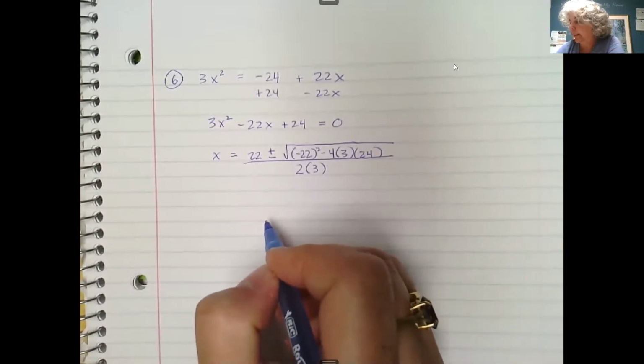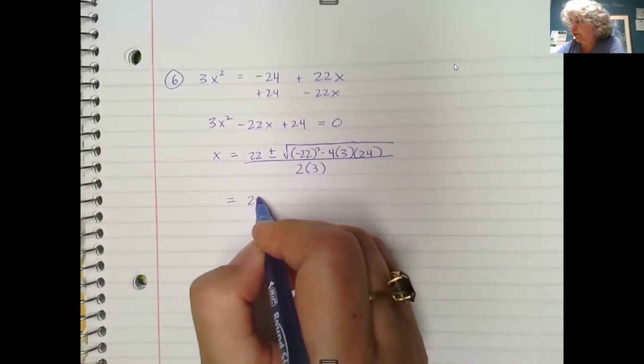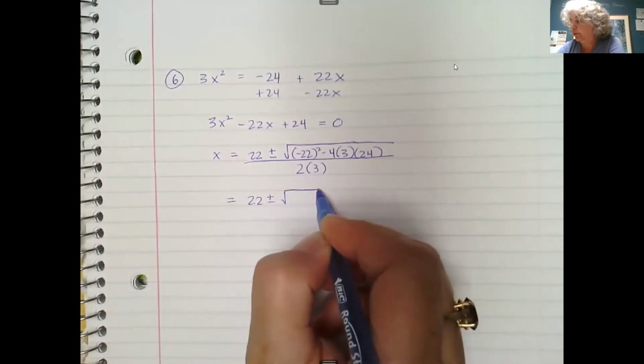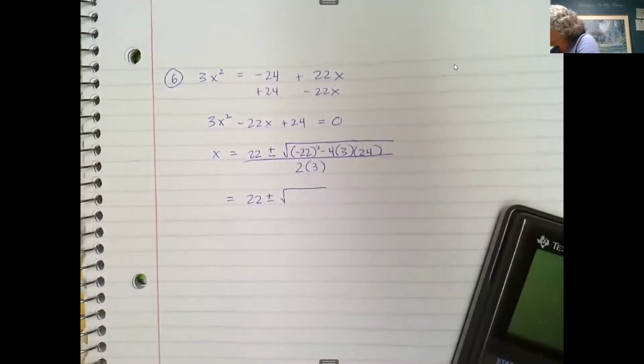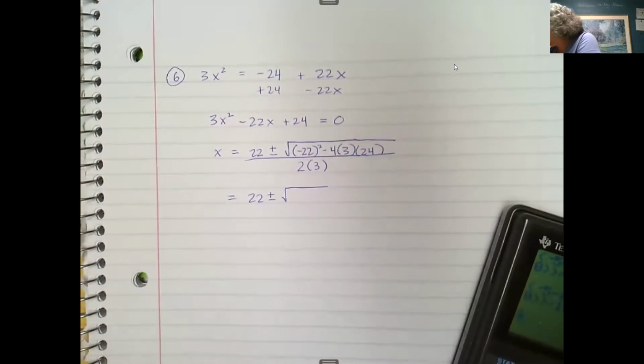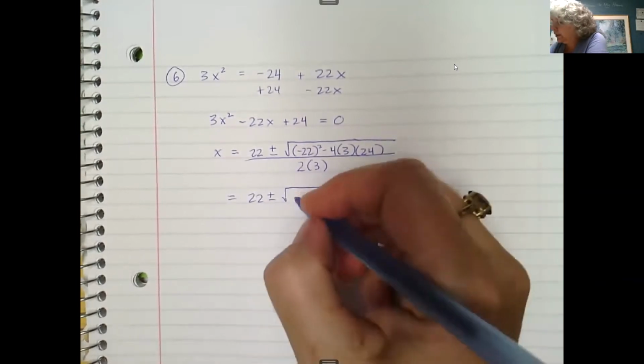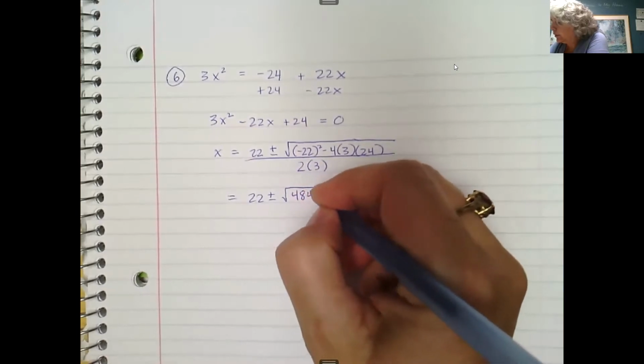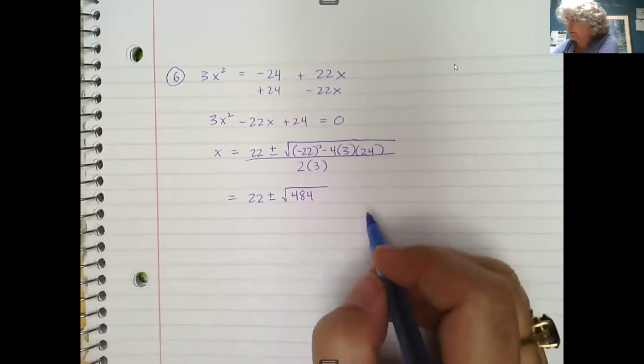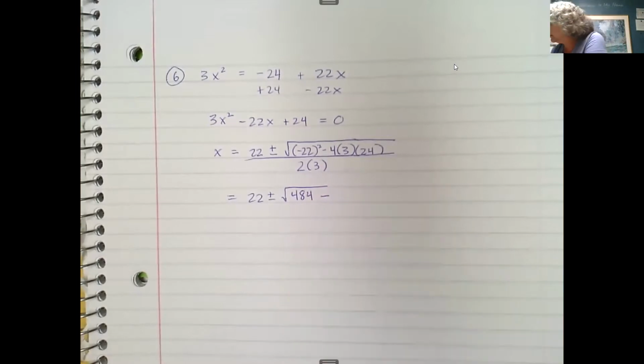All right, let's see what we get here. 22 plus or minus the square root of negative 22 squared. What is negative 22 squared? 22 squared is 484. Negative 22 squared is also 484. Negative times a negative is positive. Minus 12 times 24 is 288.